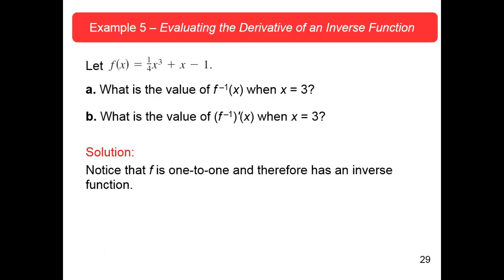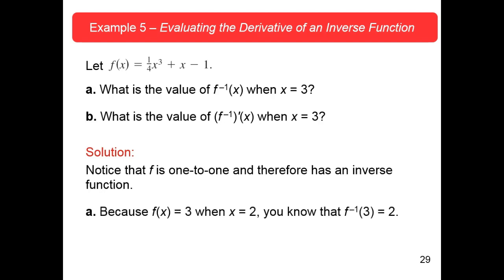Notice we have that tool we didn't have back in pre-calculus. You can take a derivative now and see if it's always increasing or decreasing, always positive or always negative. Because f of x is equal to 3 when x equals 2, you know the f inverse of 3 is 2.